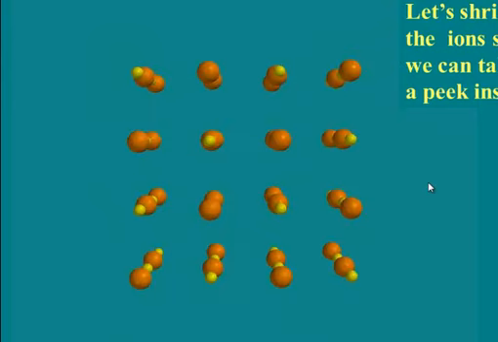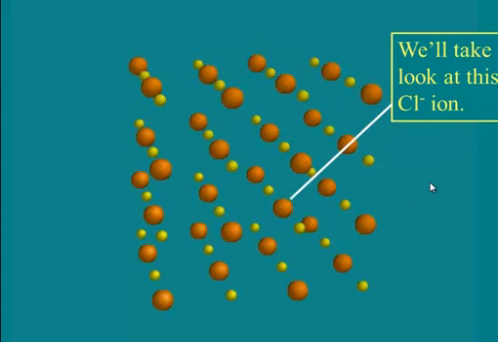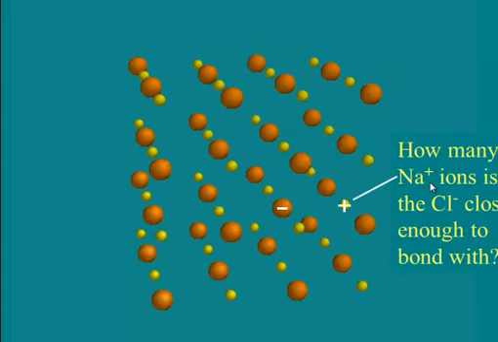You can rotate it, and let's take a look at the chloride ion. You will see how many sodium ions are close enough to bond with, and you can start counting them.